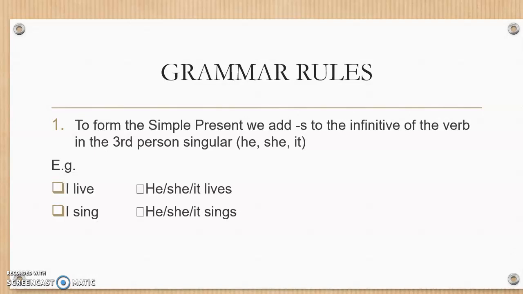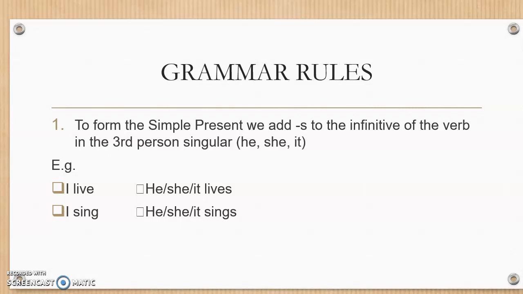For example, I live, I sing. But if you use he, she, or it, you have to put s at the end of the verb.